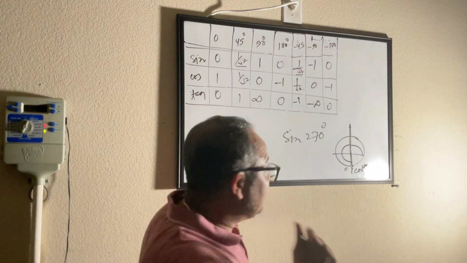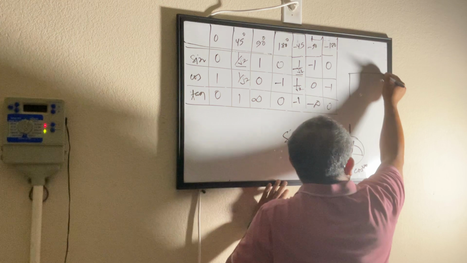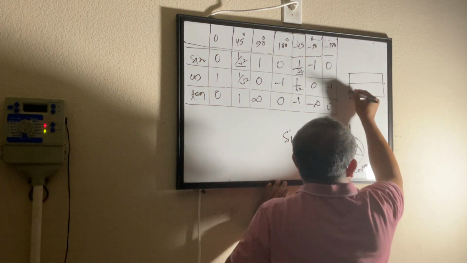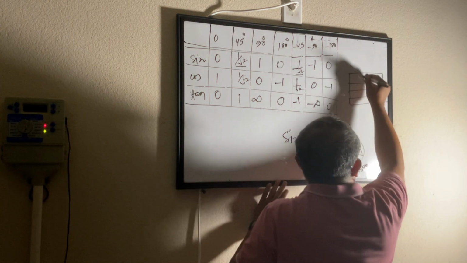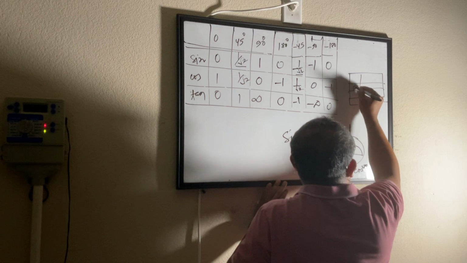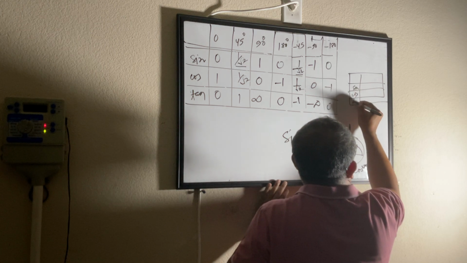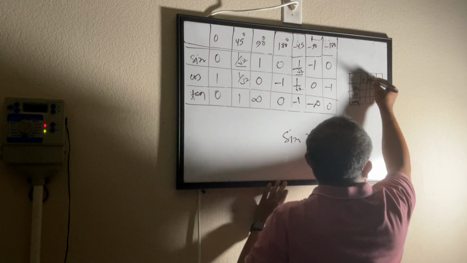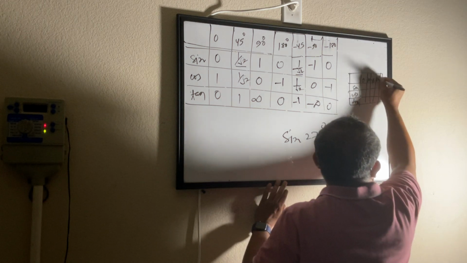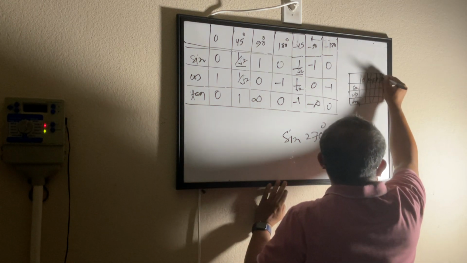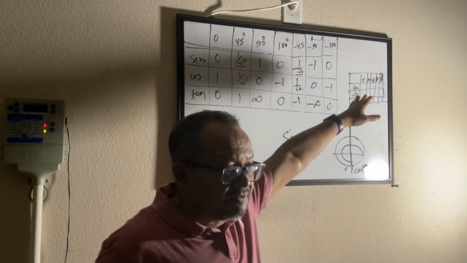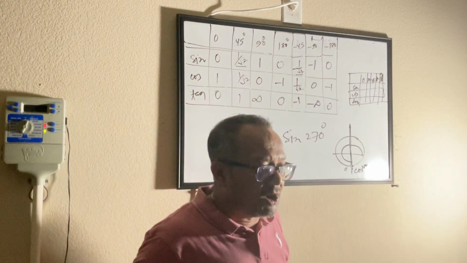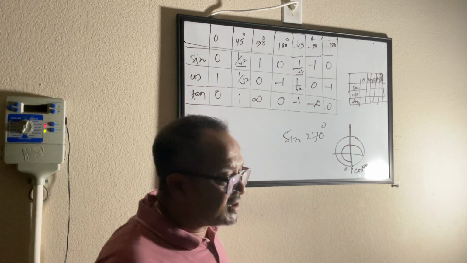So that's why the initial table that I almost forced you guys to remember, 0, 30, 45, 60 and 90, all the values that we have derived, how it comes into play in the previous classes.